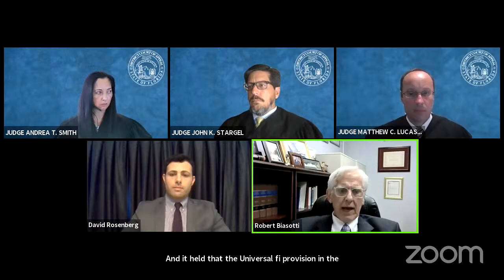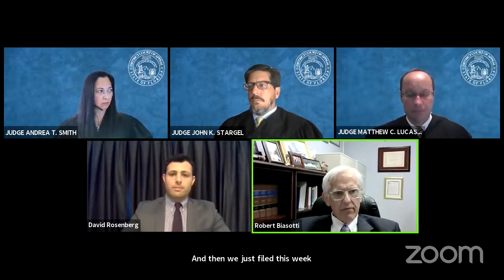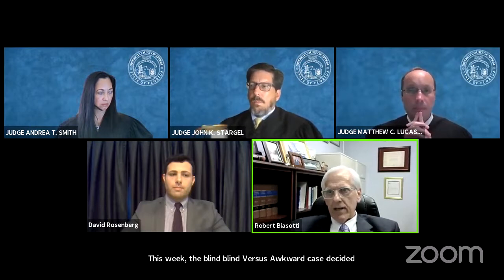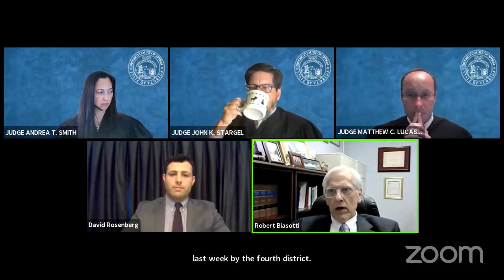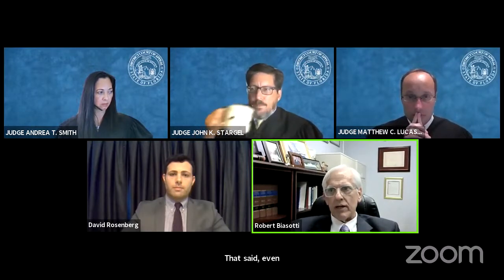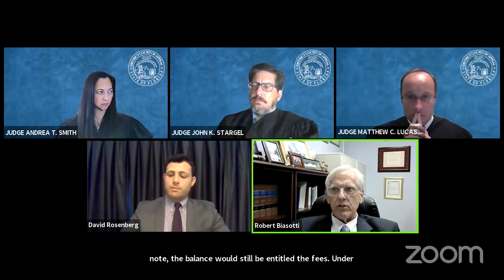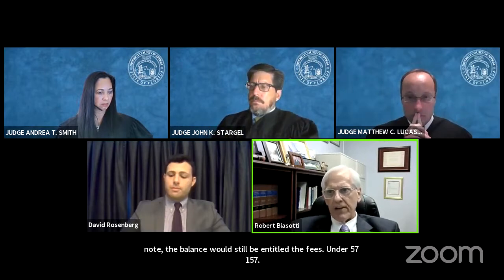And then we just filed this week the Blythe versus Ocwen case, decided last week by the 4th District, that said even if the appellee has not been assigned the note, the appellants would still be entitled to fees under 57.105(7) because of the fee provision in the mortgage, citing Harris as approved in Page.